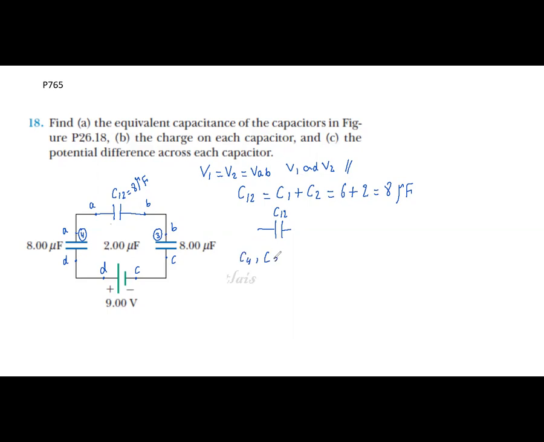In the case of series capacitors, 1 divided by C1234 equals 1 divided by C12 plus 1 divided by C3 plus 1 divided by C4.